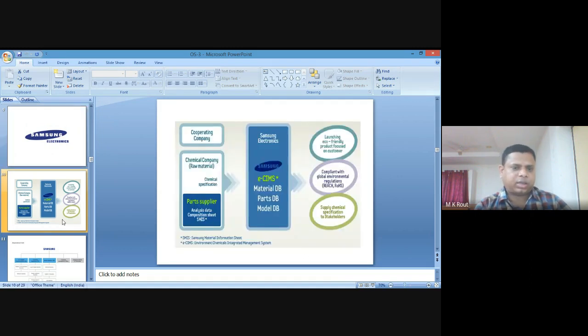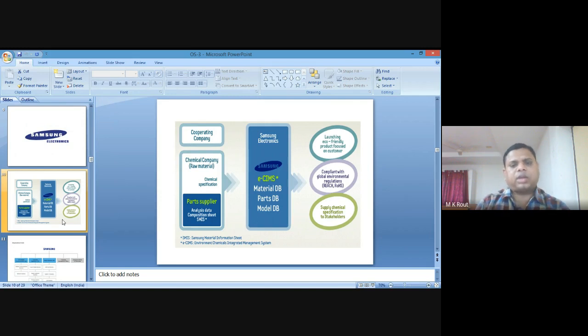A typical example: the cooperating companies, chemical companies for raw materials, and parts suppliers are directly associated with ECIMS, known as Environmental Chemical Integration Management Systems. I will go to that particular part and discuss all the things, in case of your material, your parts, your models. Clear? Let me just repeat those things.